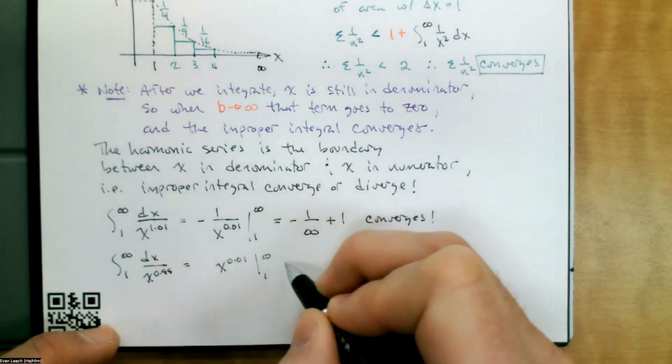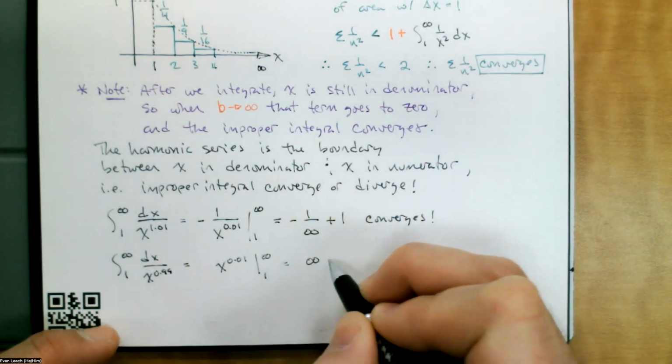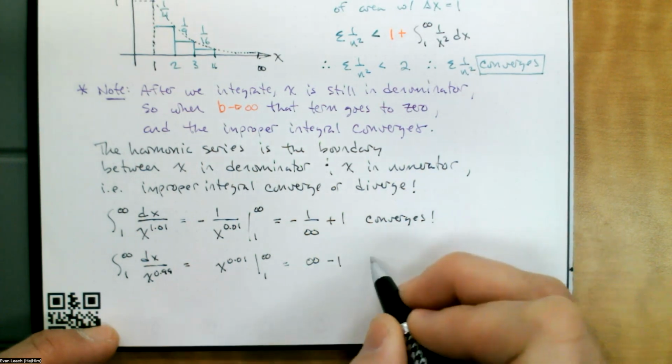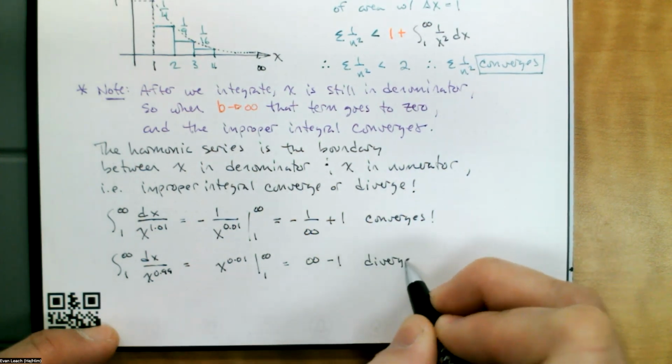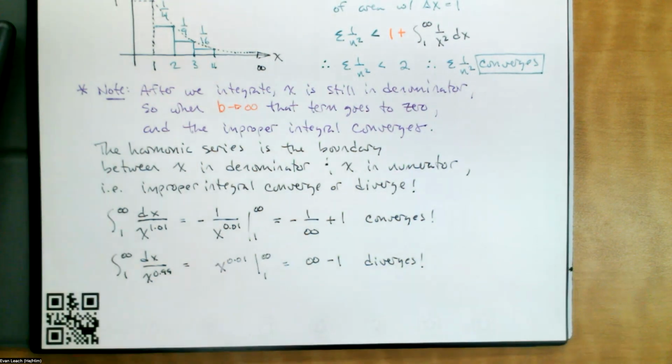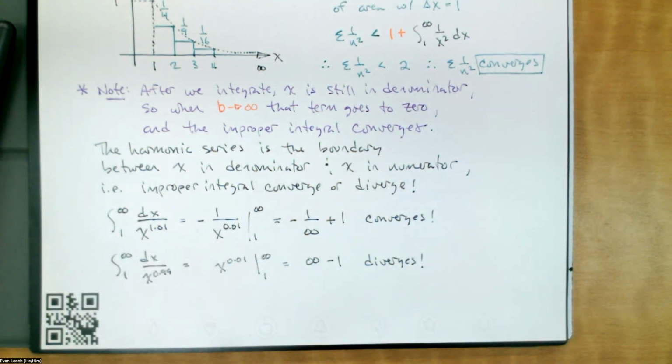And now when we integrate from 1 to infinity, I get infinity minus 1, which diverges. And right in the middle is the antiderivative of 1 over x being the natural log of x, which goes to infinity as x goes to infinity.